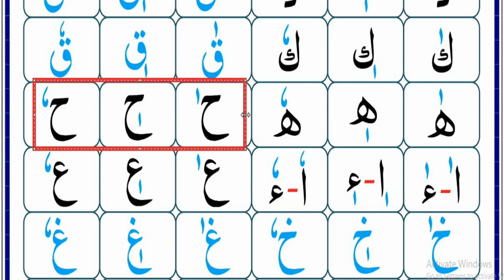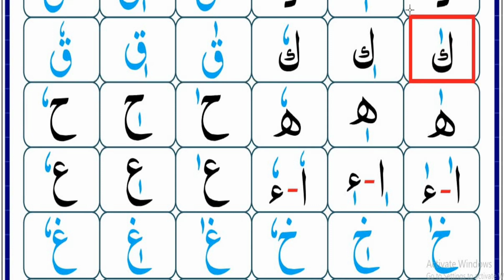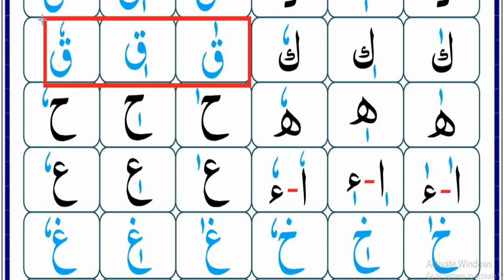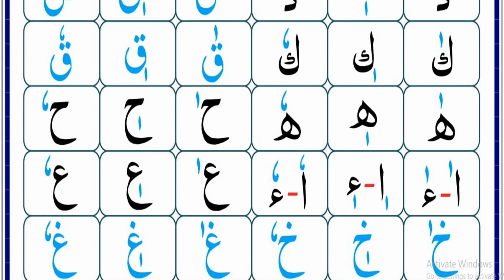These are somewhat similar sounds, so you have to differentiate between these similar sounds. The first is ha, hi, hu. The other is ha, hi, hu. And the first was ka, ki, ku. It was a light sound, but the other is the heavy sound, qa, qi, qu.